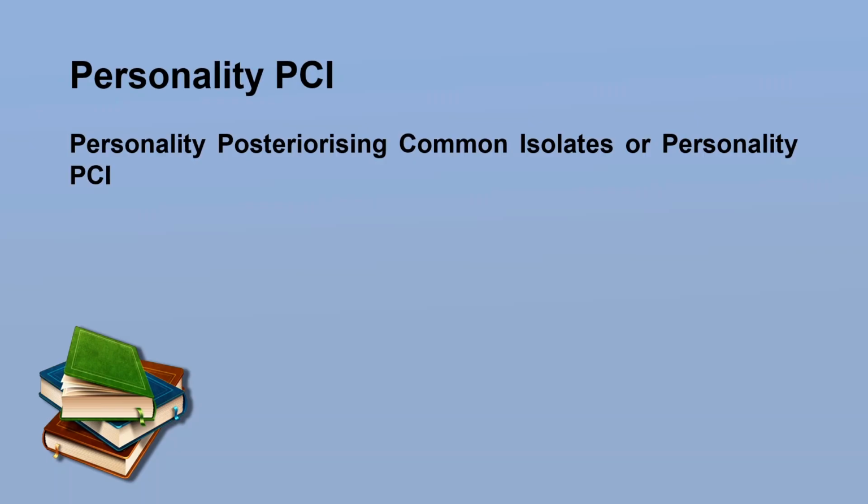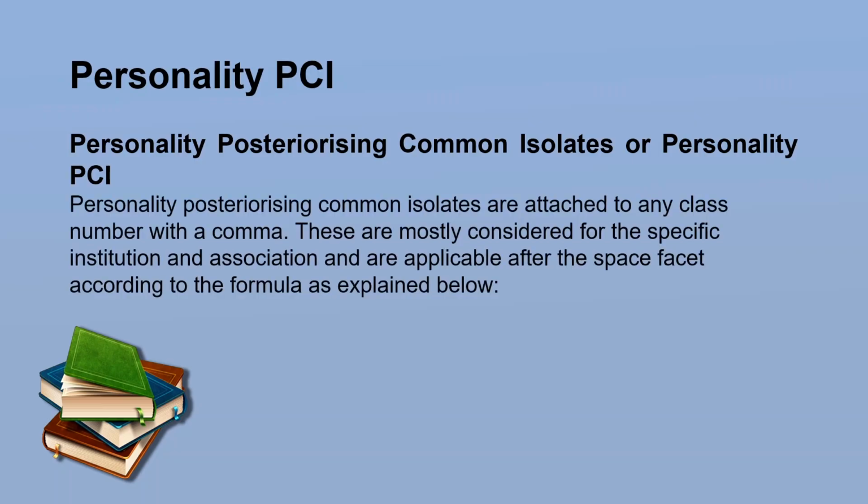Now we move on to personality PCI. Personality PCI or personality posteriorizing common isolates are attached to any class number with a comma. These are mostly considered for the specific institution or association or learned bodies and are applicable after the space facet according to the formula as explained here.